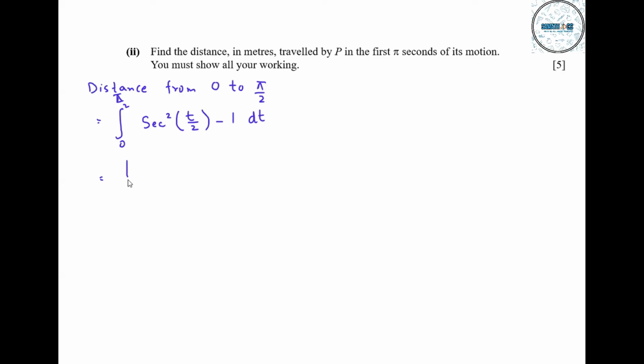When we integrate it, we will get tan t upon 2, and then we will divide it by the differential of this, which is 1 upon 2, minus t with limits pi upon 2, 0. When we simplify it, we will get 2 tan t upon 2 minus t with limits pi upon 2 and 0.